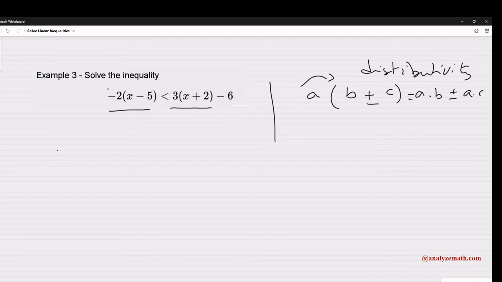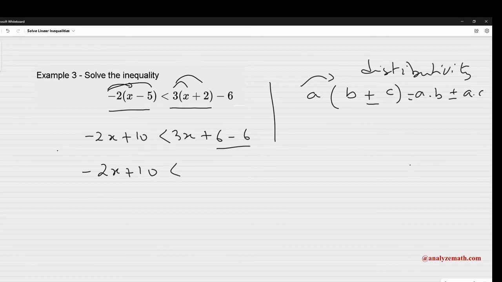So we are going to use it here. Negative 2x, negative 2 by negative 5 plus 10, less than 3x, 3 times 2, 6. Simplify, 6 minus 6 gives me 0, minus 2x plus 10 less than 3x.